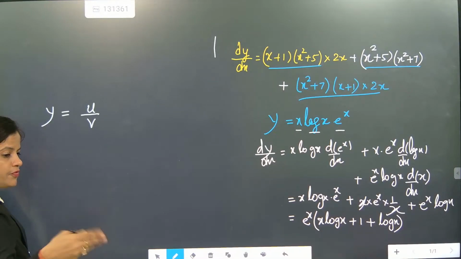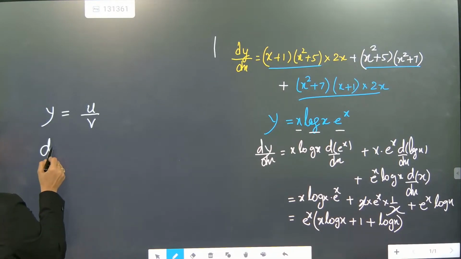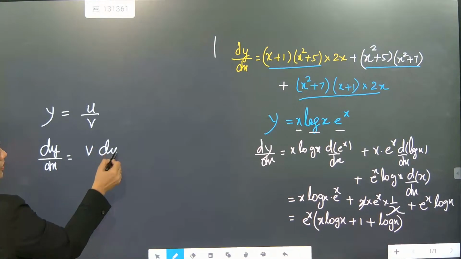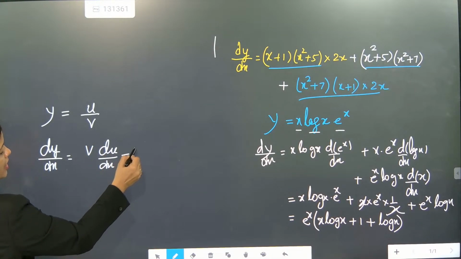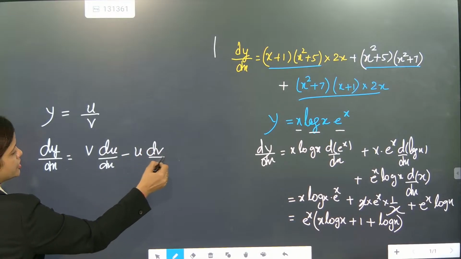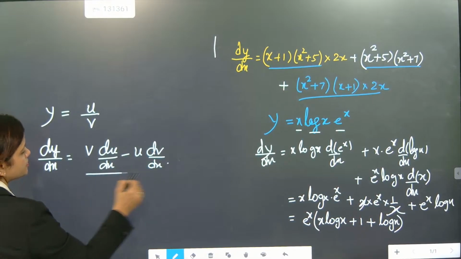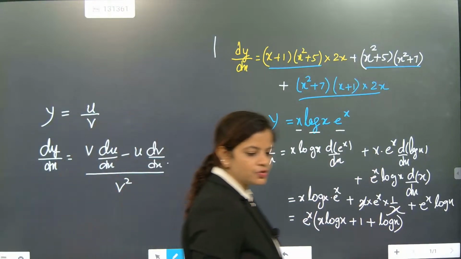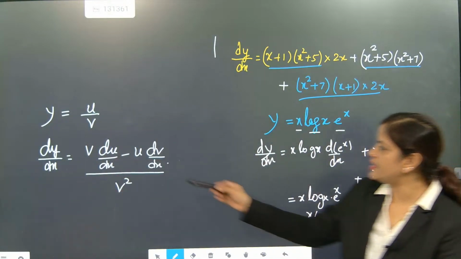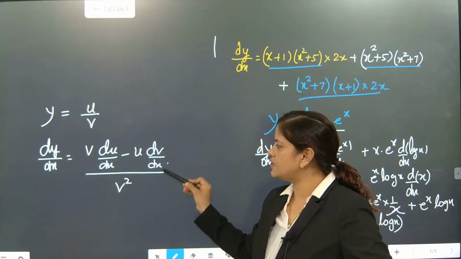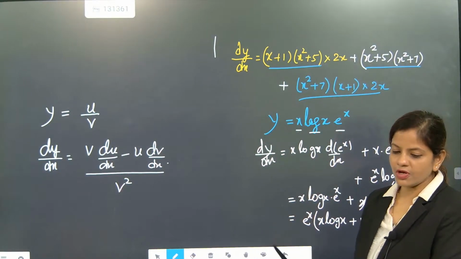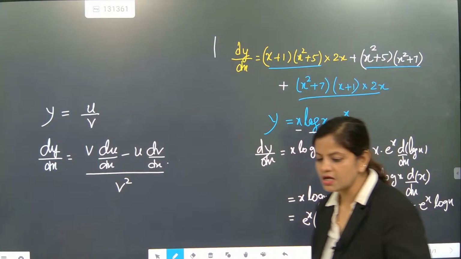So at the time of differentiation, how are you going to do it? dy by dx is equal to v, the denominator part, differentiation of u, minus u, differentiation of v, by v square. This is the formula. Understood? So this is v du dx minus u dv dx by v square. So this is exactly the formula we have to use for solving the question.